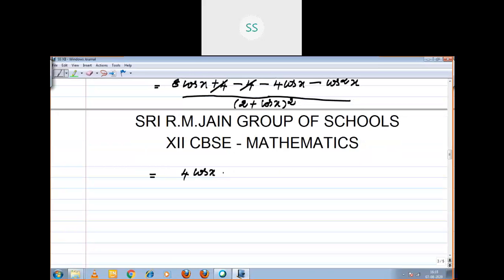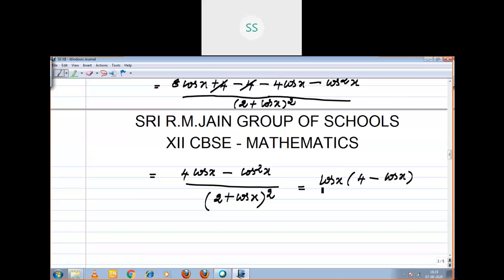Next, minus cos square x divided by 2 plus cos x the whole square, which is equal to, cos x you should take as common. Inside the bracket what do you arrive at? 4 minus cos x divided by 2 plus cos x the whole square.